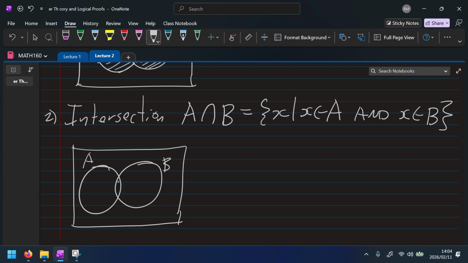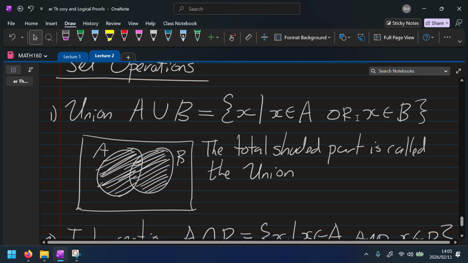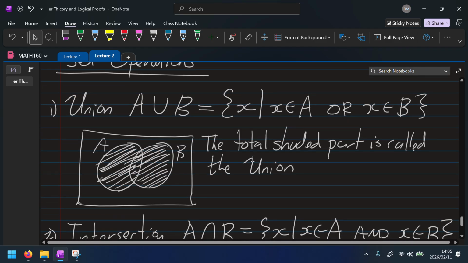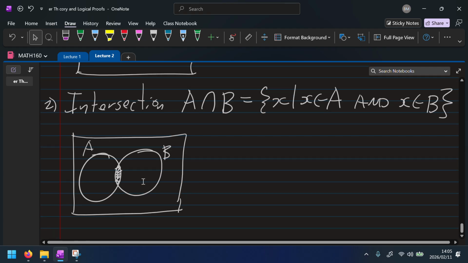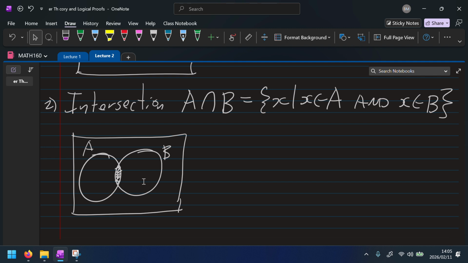In the middle. In that middle part, it's connected to A, so it's in A, and it's connected to B, so it's in B. Both at the same time, so we call that the intersection. You can see the difference, right? We put an or in between, we get one picture. We put an and in between, we get a very different picture. A very slight change in the wording gives two completely different pictures.